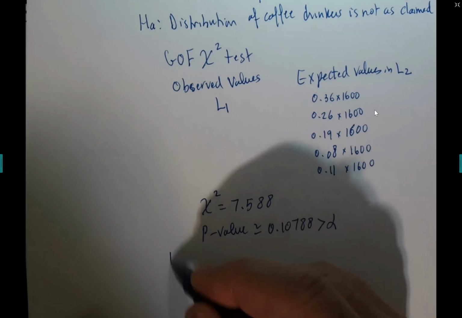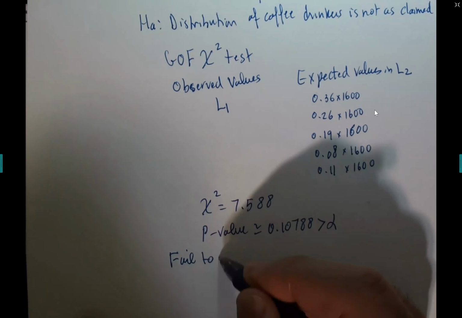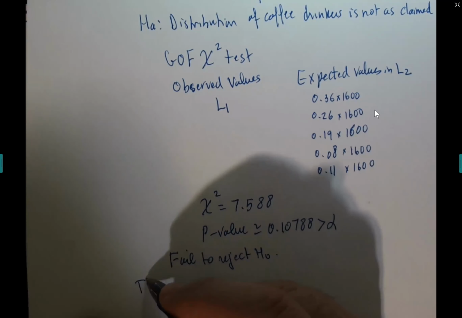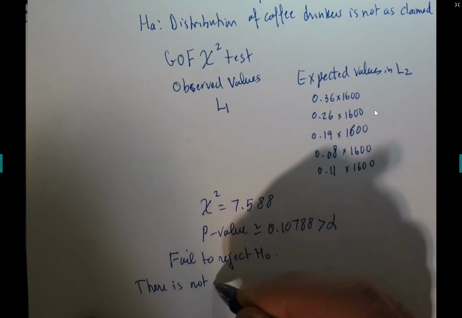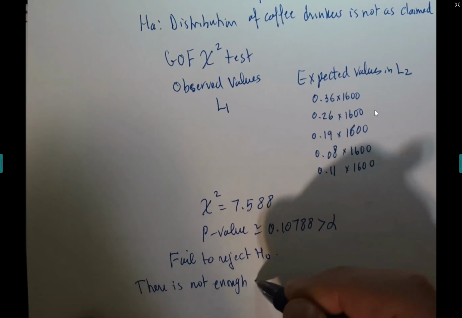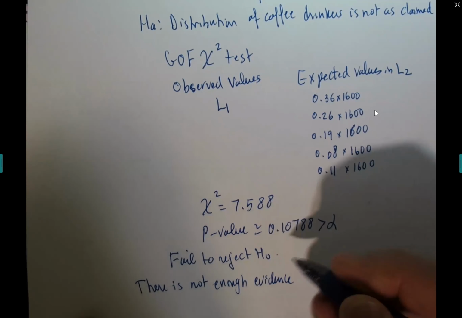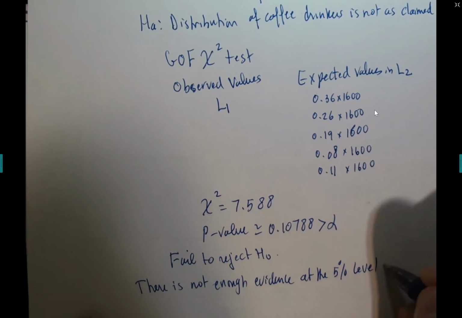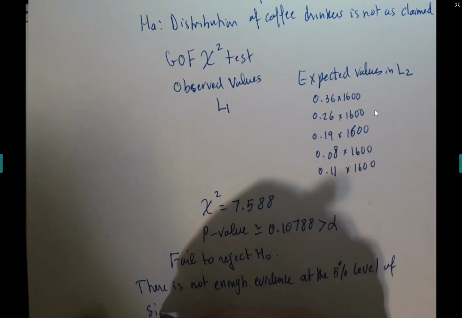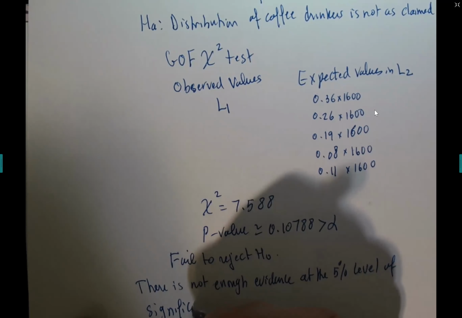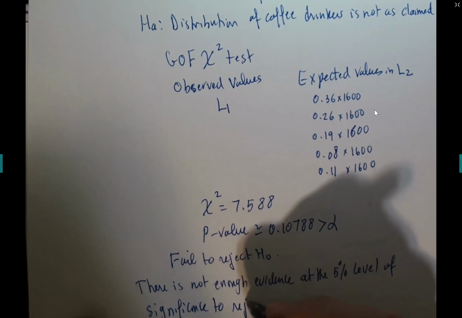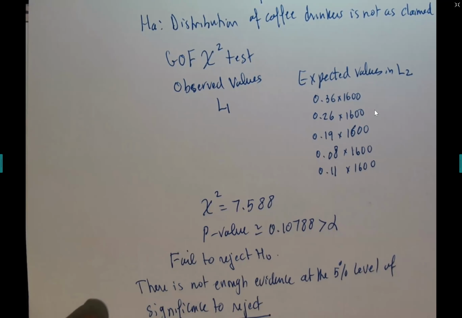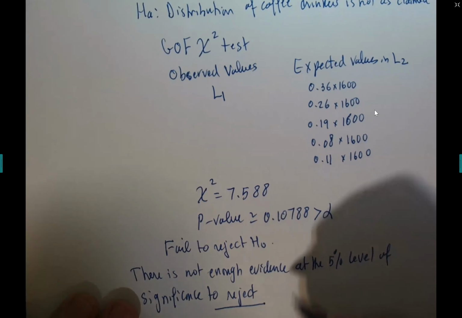Fail to reject H0. There is not enough evidence at the 5% level of significance to reject the researcher's claim. You ask me why I use the word reject: because the claim is in H0, to reject the researcher's claim.